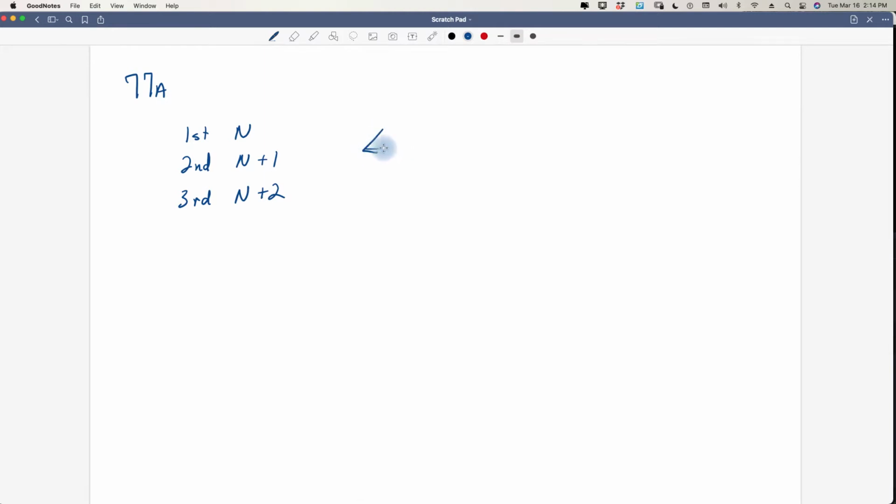So on a number line, let's say this is 0. I'm going to go ahead and create a number line right quick for you. Say this is 0, 1, 2, 3, 4, 5, 6, 7, 8, and -1, -2, -3, -4, -5, -6.